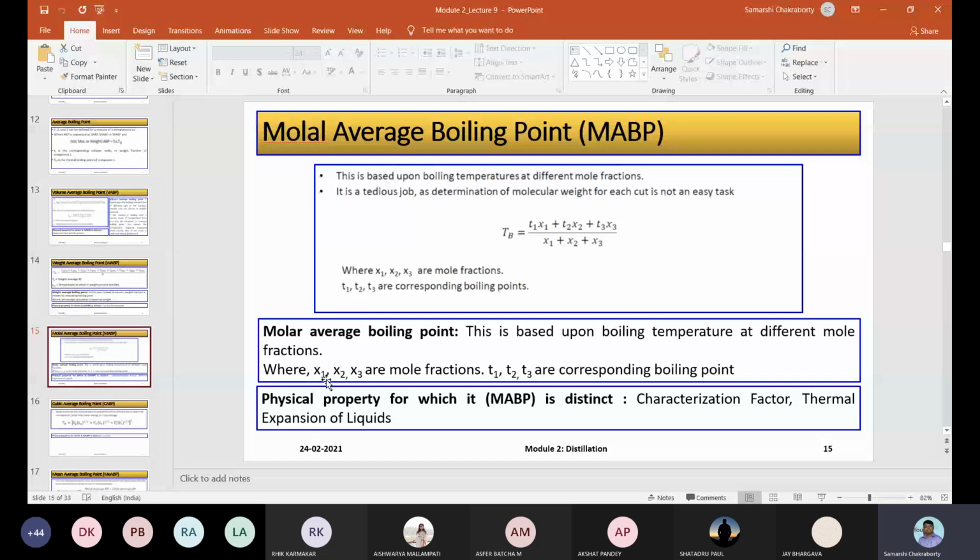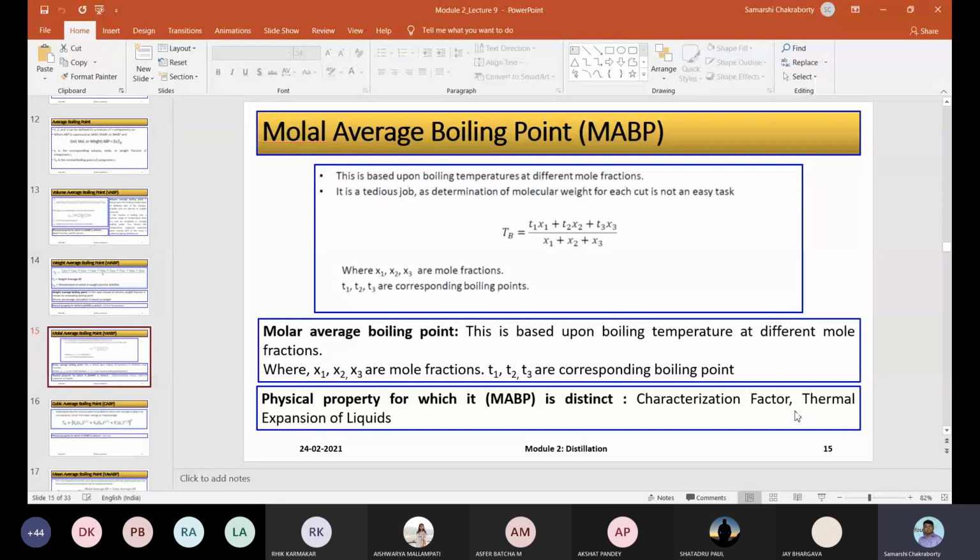So x1, x2, x3 are the mole fractions, and T1, T2, T3 are the corresponding boiling points. So T1 x1 plus T2 x2 plus T3 x3 divided by the total mole fraction, then you will get your molar average boiling point.